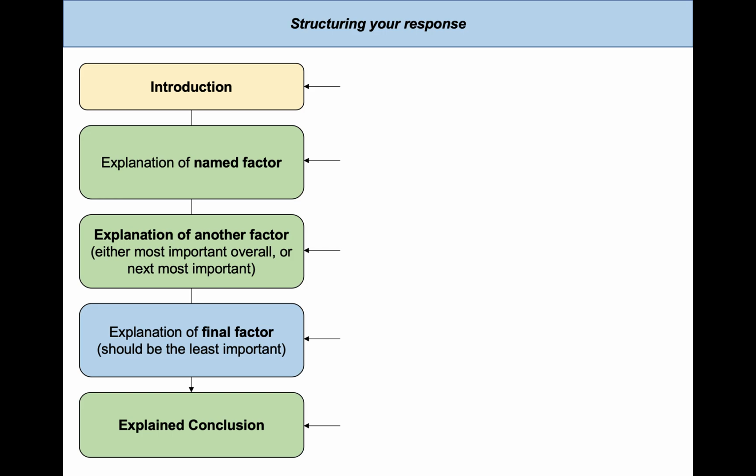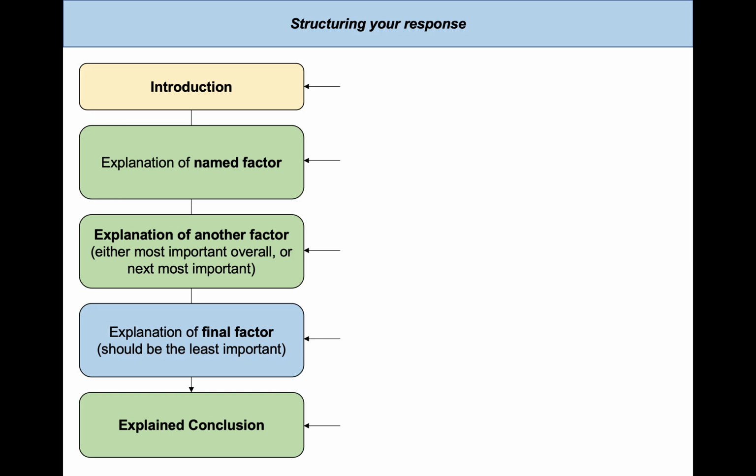It needs an introduction, then it needs an explanation of the named factor. So that's the factor, the cause, the consequence, whatever it is that is named in the question. Then it needs the explanation of another factor. It might be the one that you see as being more important than the named factor, or one that's less important. Either way, it's got to come second. And you'll need an explained conclusion at the end.